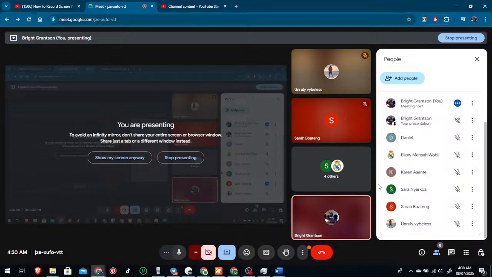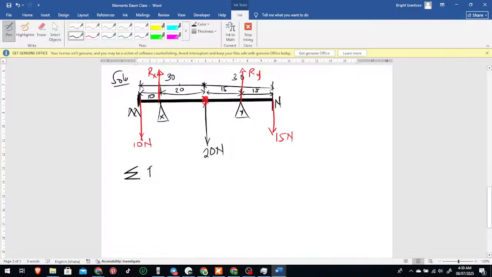Okay, let's continue. One of the principles of moment states that the sum of upward forces is equal to the sum of downward forces. You know that sigma means sum, right? So the upward forces are what?